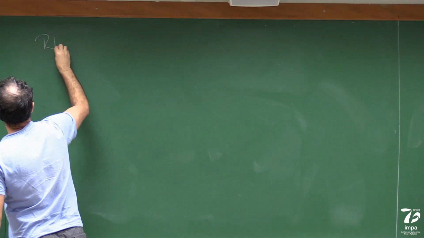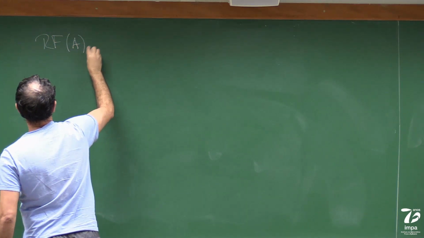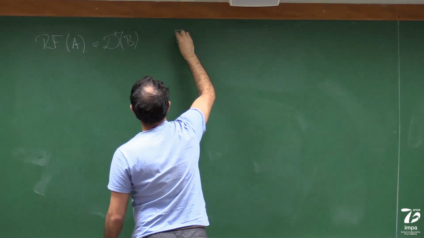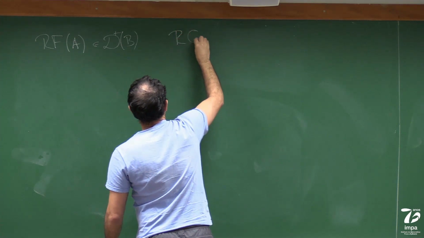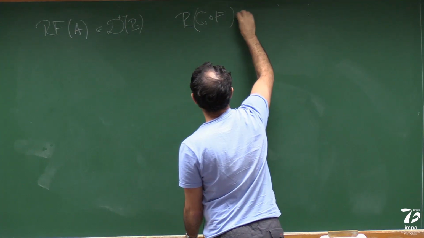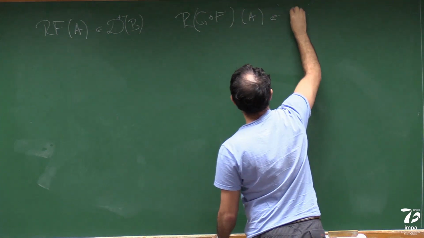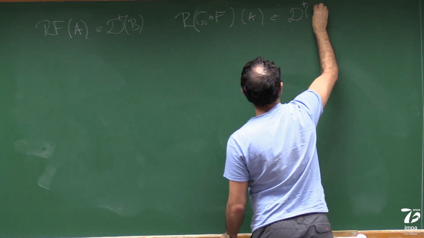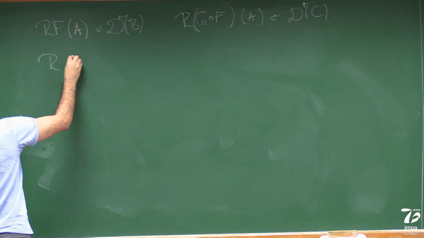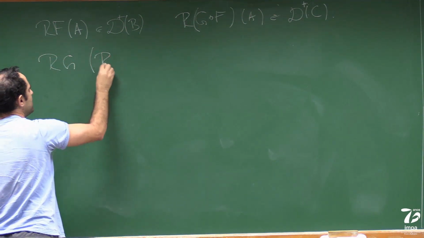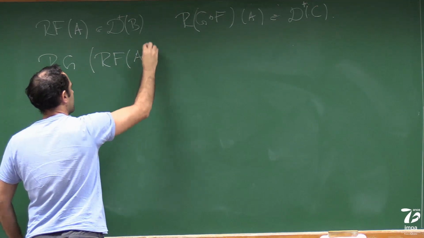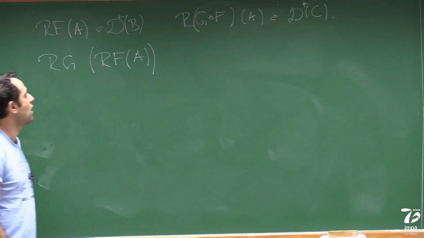I have this complex, RF of A, which is a complex in D plus B. I have R of G composed with F of A, which is a complex in D plus C. But I also have RG of this complex, RF of A, which is also a complex here.